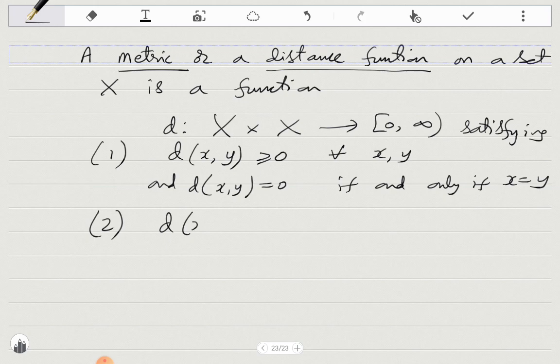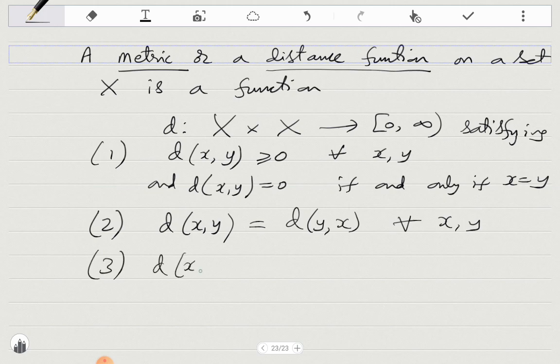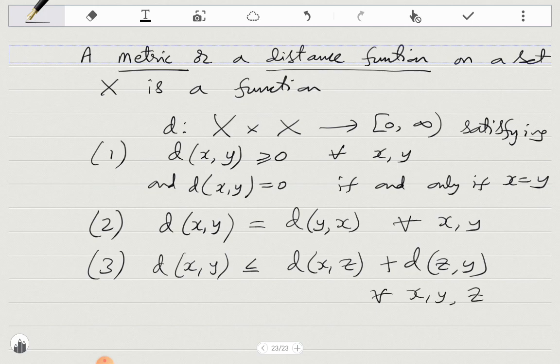The second property is distance between x and y equal to distance between y and x for all x, y. The third one is the triangle inequality: distance between x and y less than or equal to distance between x and z plus distance between z and y, for all x, y, z.